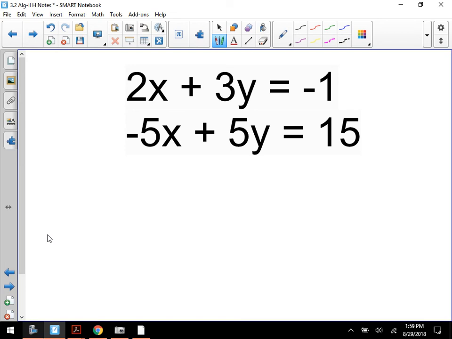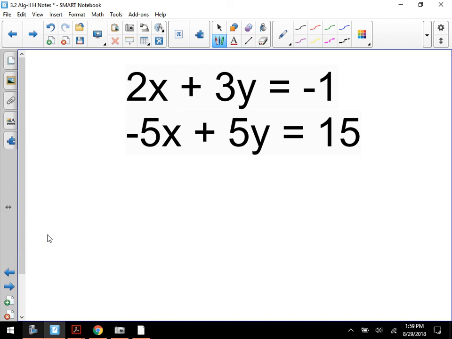Hey guys, is it okay to get decimals or fractions? Yes, it's okay. It's not the end of the world. It happens. For example, let me show you something that's going to be kind of crazy. Now, if I divide the whole bottom equation by 5, I'd get negative x plus y and 3, wouldn't I? Yes. But then I'd have to do something else to make it match up with the 2's and the 3's, wouldn't I?